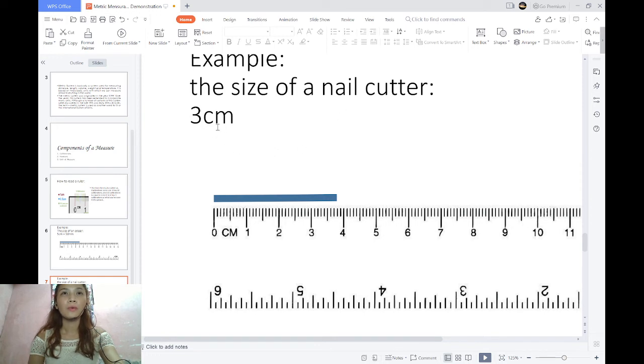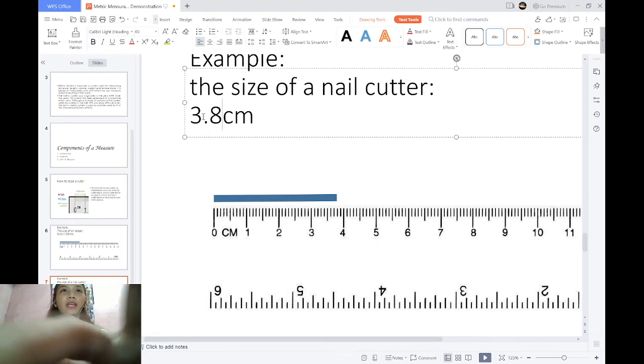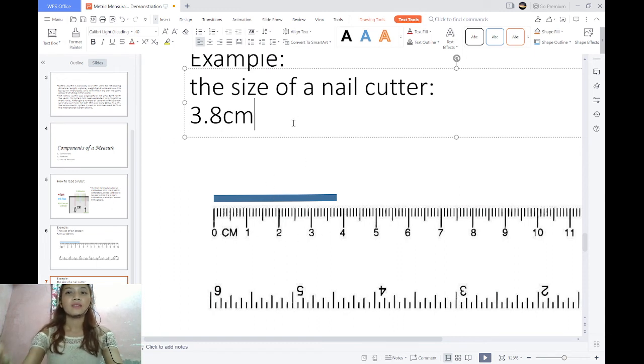So how can we identify the size of a nail cutter if it ends with 8 millimeters? We must put some point: 3 centimeters, 3.8 centimeters, since we are referring to centimeters. How can we get the millimeters of it? Just like what I've said, let us multiply it by 10.